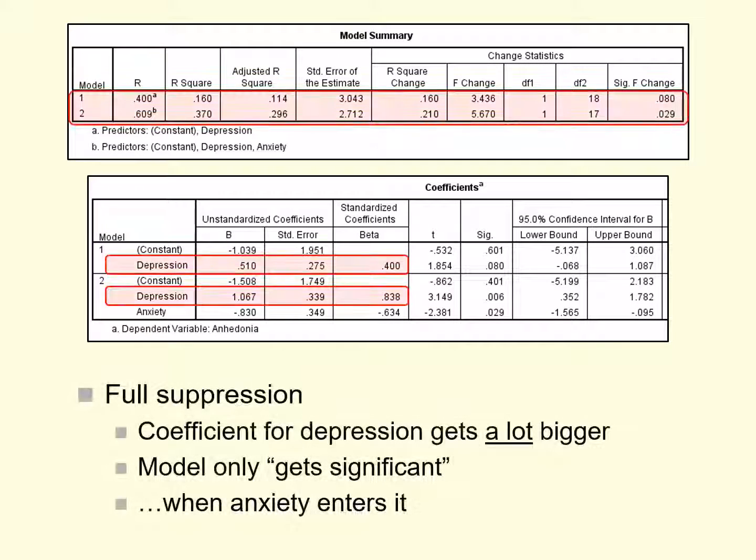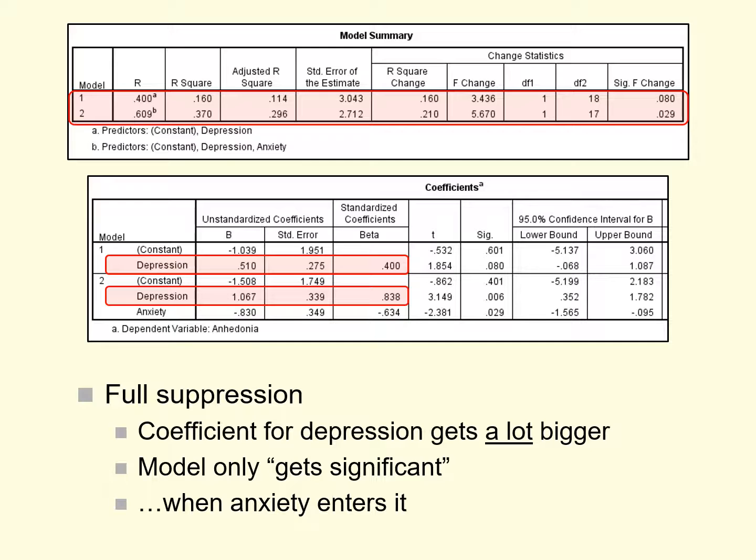We also see a situation in which the regression coefficient for depression gets quite a bit larger when anxiety is added into the model. And we might also be tempted to say, if we look at the overall model summary, that the model only, quote, gets significant, unquote, when anxiety is in the model. So this is giving us evidence of what we might call full suppression.